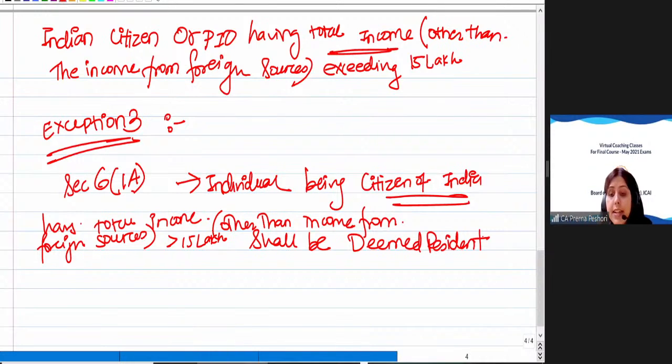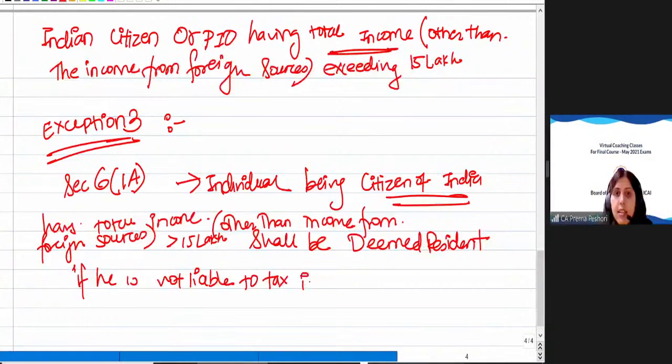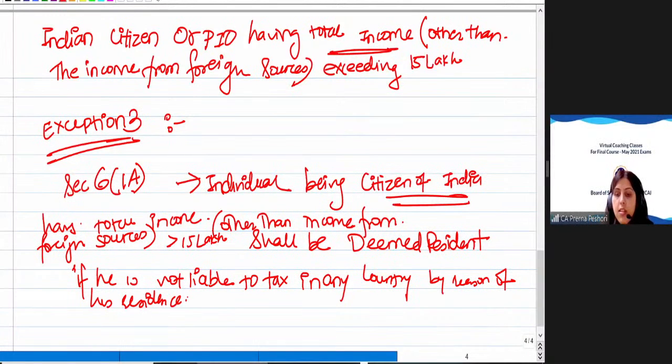He shall be considered as deemed resident if he is not liable to tax in any country by reason of his residence. Now understand one thing.